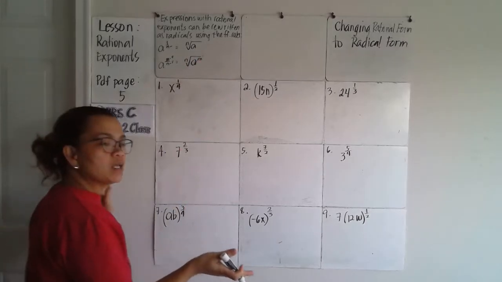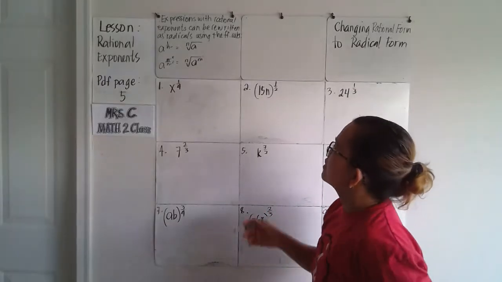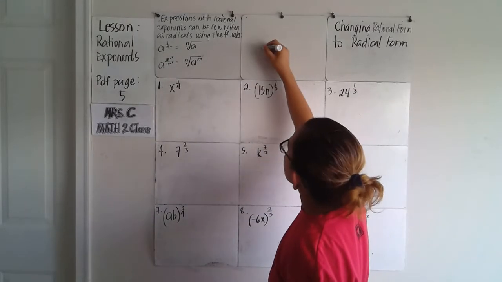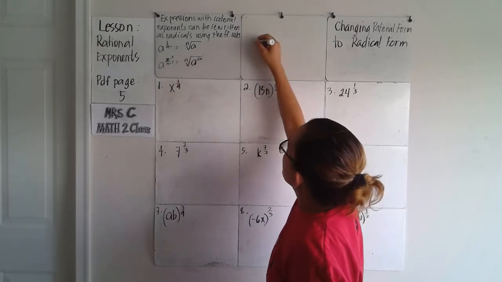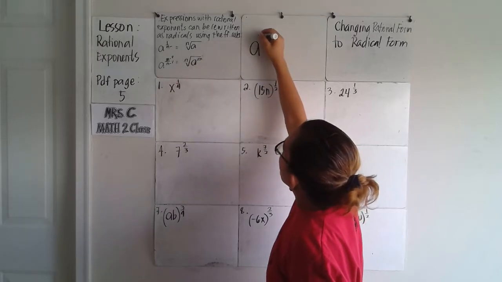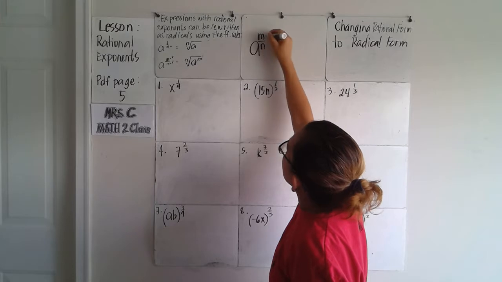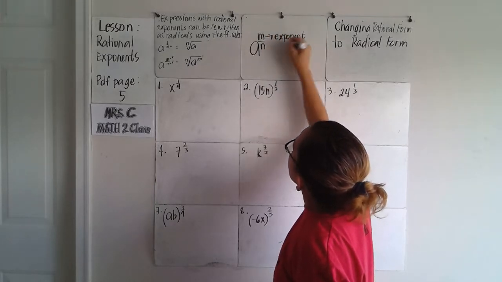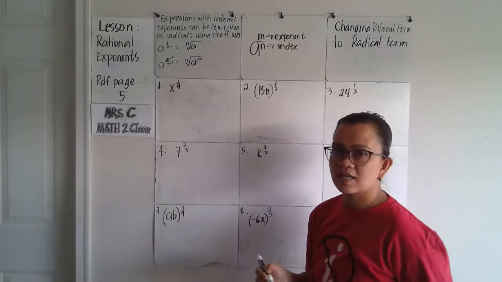I will make it bigger for you to understand. For instance, this is an example. Okay, I'll make this bigger. A raised to m over n. m is your exponent, n is your index. Okay?